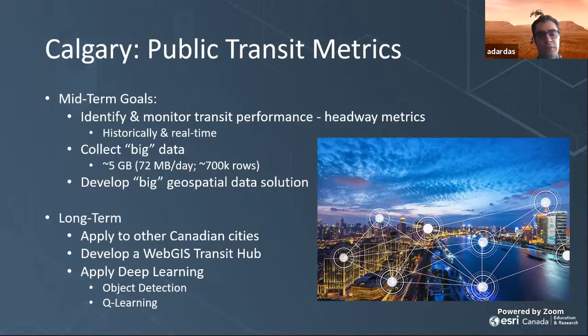And the one that really struck me was their GTFS, which stands for General Transit Feed Specification. And that exists on any transportation network that has GPS enabled on its vehicles.